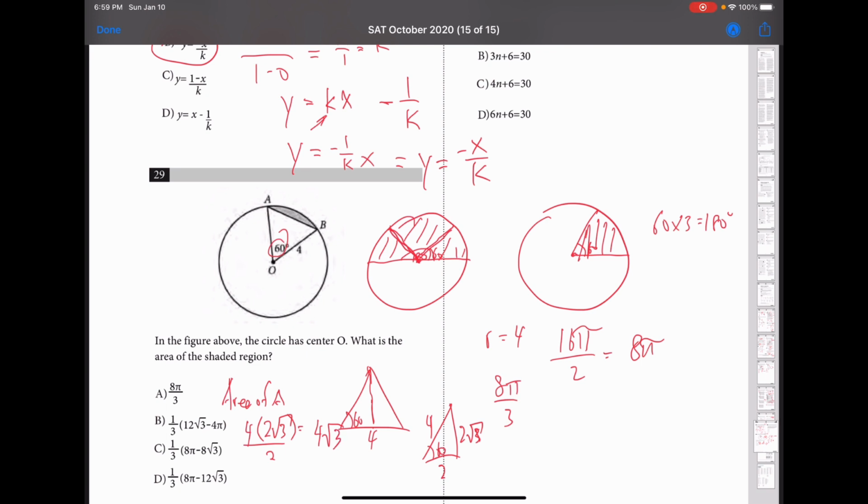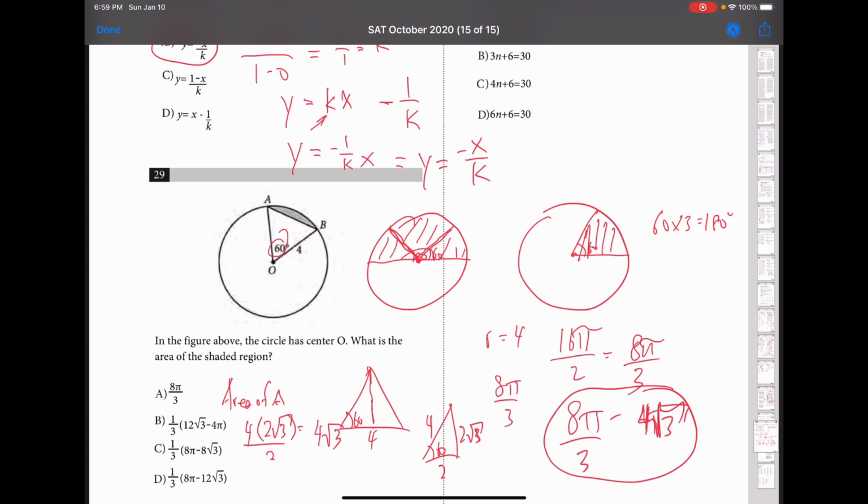So you're basically trying to get 8 pi over 3, because it's going to be 8 pi and then a third of it, minus 4 radical 3. So your final answer should come out to be 8 pi over 3 minus 4 radical 3.